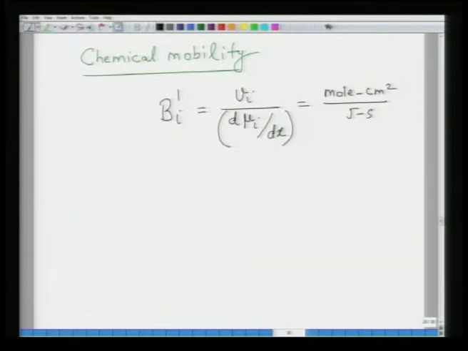Okay. So, basically this is the velocity and this is the chemical force.